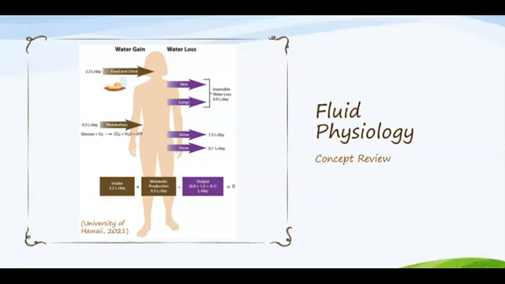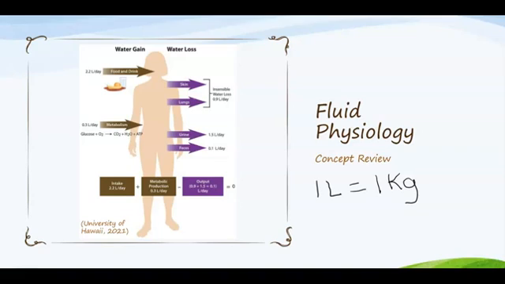Now, given that our weight is comprised of mostly water, so again, about 60% or so is water, it's going to be important for you as a nurse to be able to convert between volume and weight. So the standard equivalent that is used for this calculation is that 1 liter of water equates to 1 kilogram of body weight.